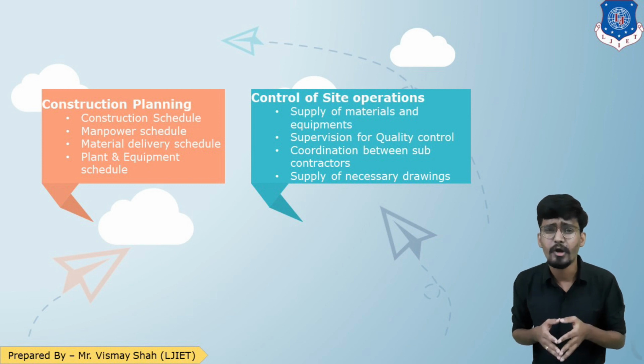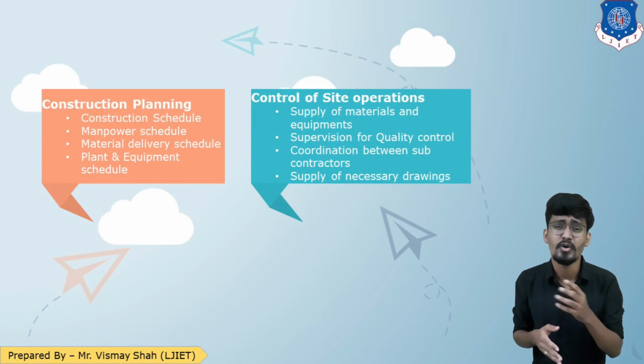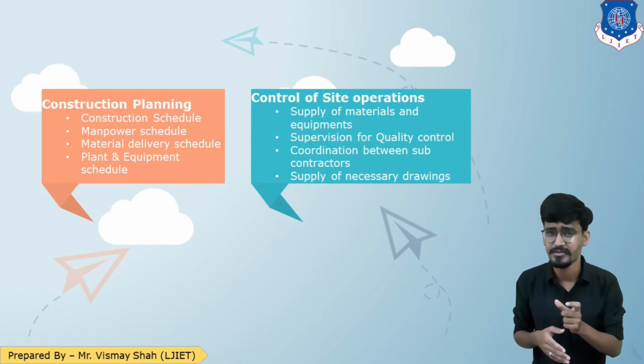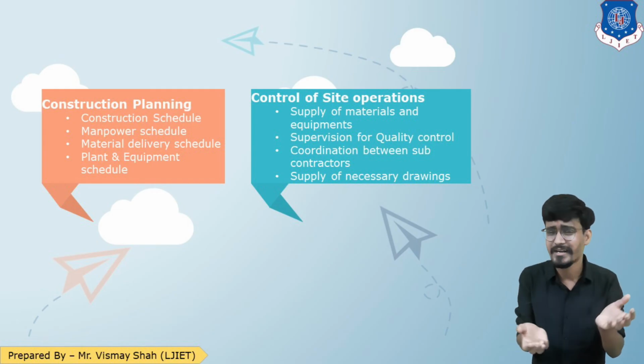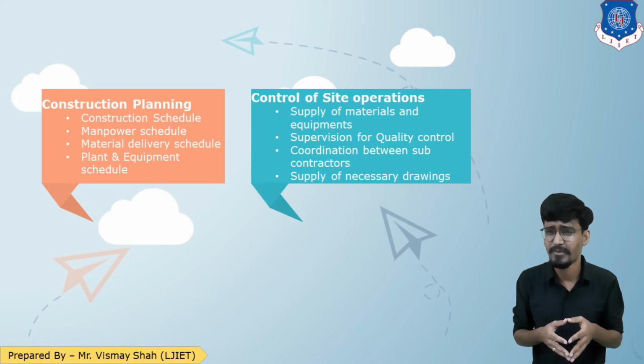The control of site operations consists of supplying the materials, supervising the quality of the work, coordinating between different agencies and contractors, and supplying the necessary drawings. First you do the planning, and then you control the site operations so that your project can be finished within the time, cost, and quality.